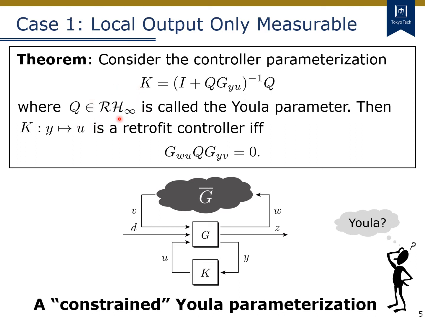Then a dynamical controller K, which is a map from Y to U, is a retrofit controller if and only if this equality condition is satisfied for the Youla parameter Q. This is a concise characterization of all retrofit controllers, which is given as a constrained version of the Youla parameterization. The meaning of this theorem may not be very clear for you, so I will explain the details in the following slides.